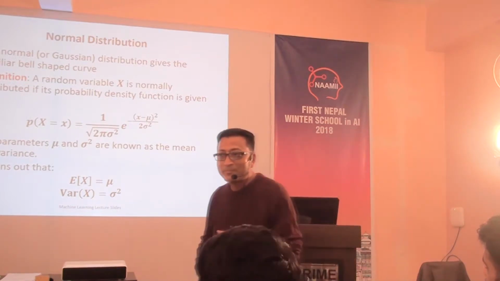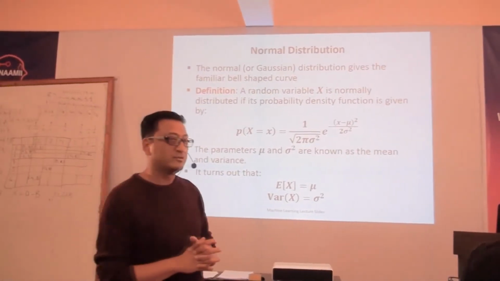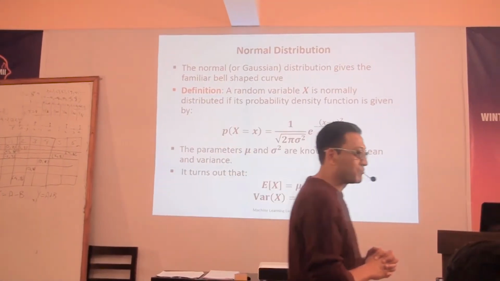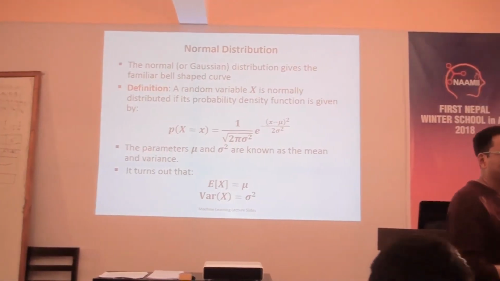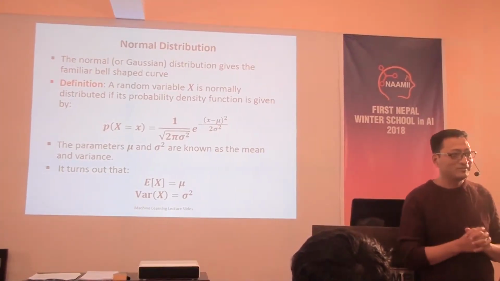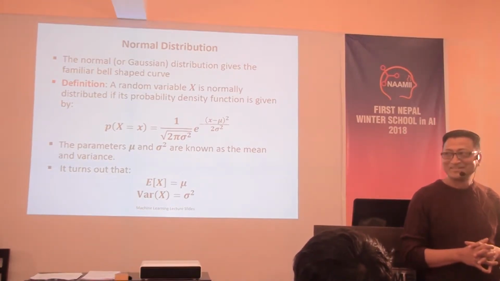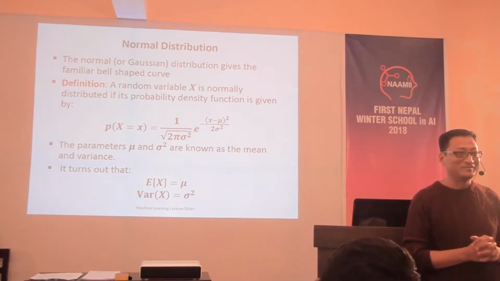Okay, that's a good one. The distribution of height of people. The most famous one, from my point of view as a teacher, is the distribution of the marks of the students. So that follows a normal distribution as well.